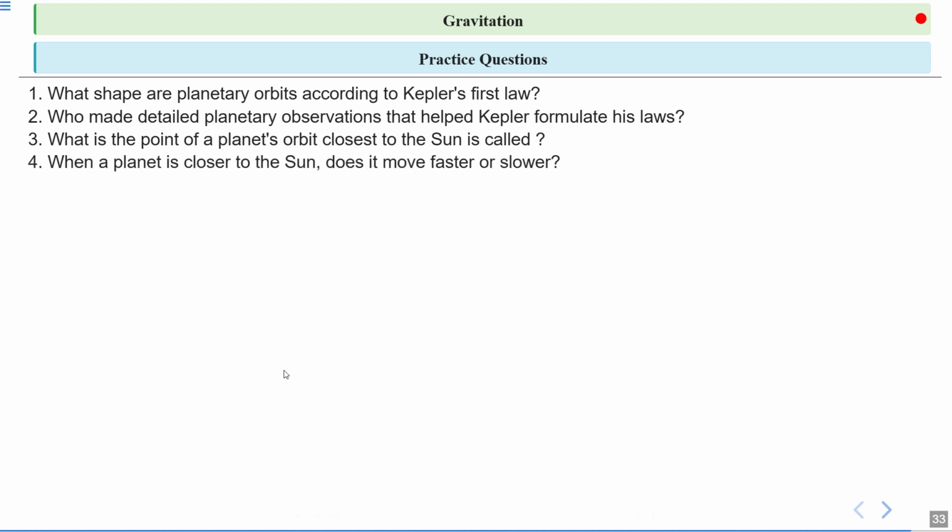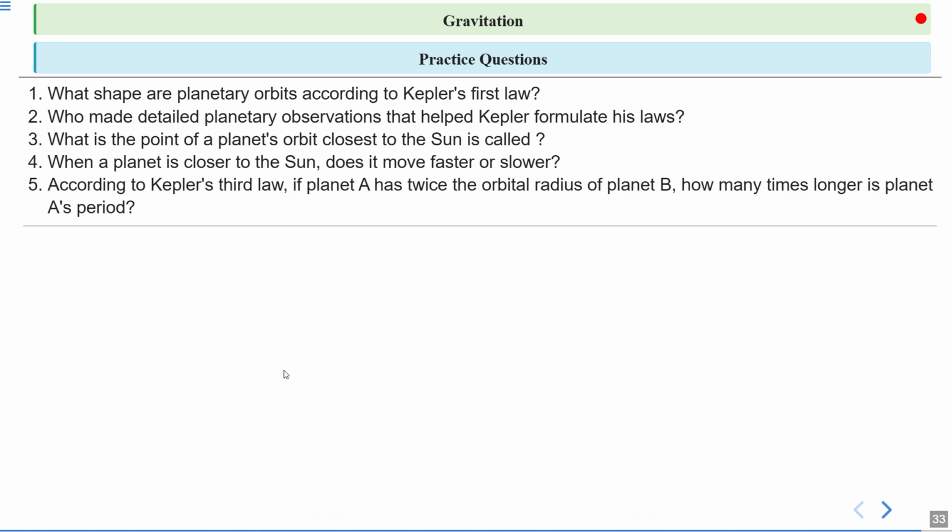When a planet is closer to the sun, does it move faster or slower? According to Kepler's third law, if planet A has twice the orbital radius of planet B, how many times longer is planet A's period? Alright, these questions are homework for you.